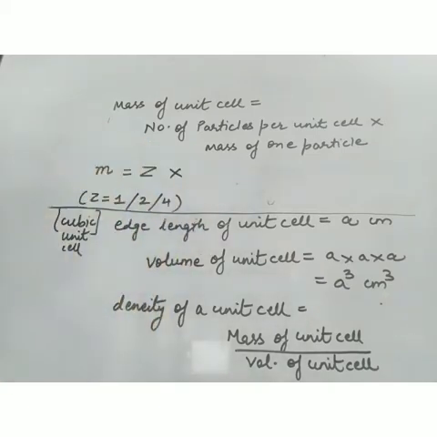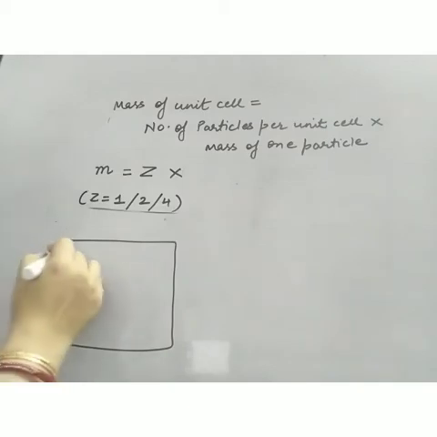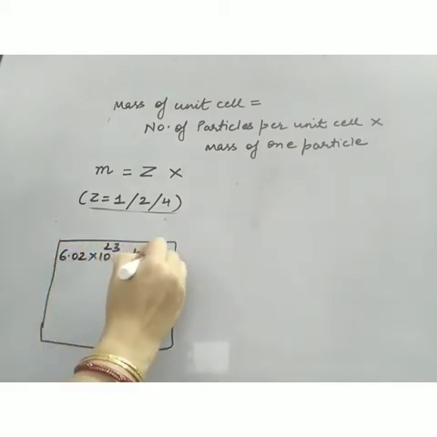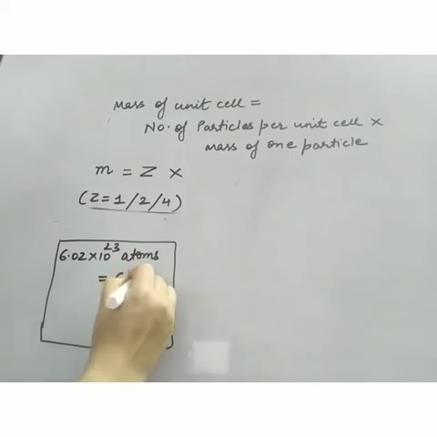Now how to calculate the mass of one particle or mass of one atom? We'll apply our Avogadro knowledge, that is the knowledge from the mole concept. We know that the mass of Avogadro number of atoms is the atomic mass. So 6.02 into 10 to the power 23 atoms is equal to gram atomic mass.